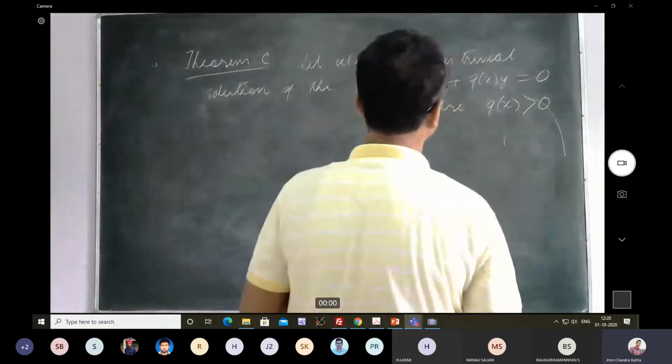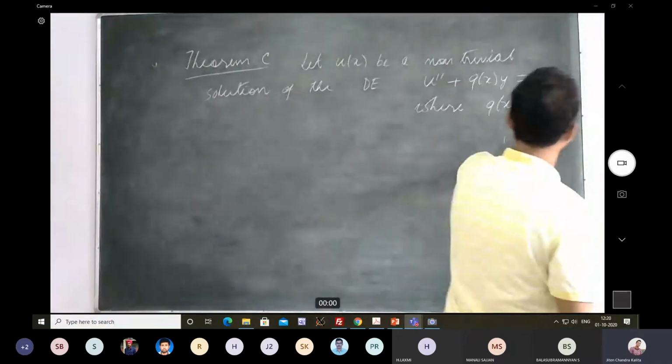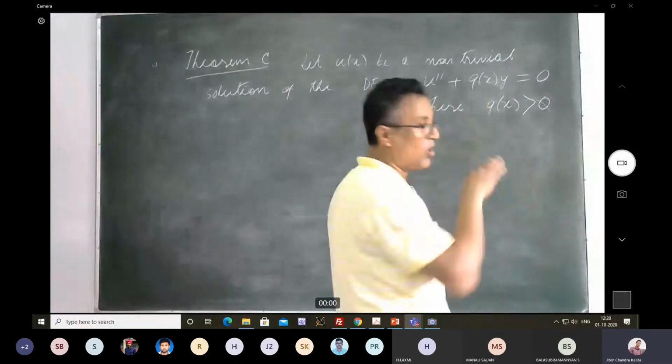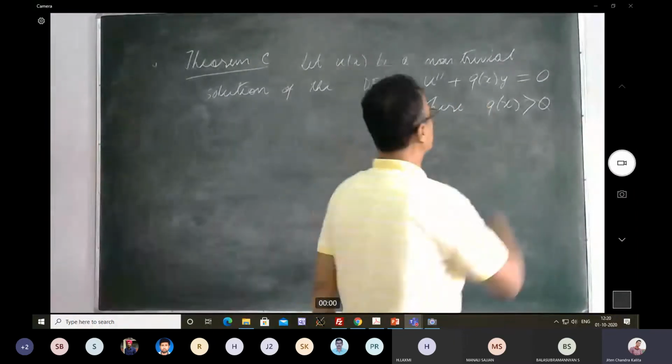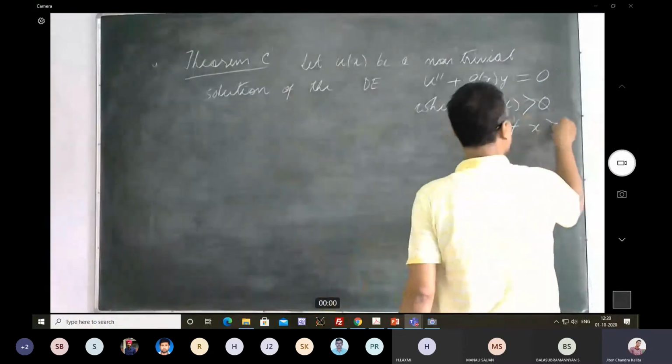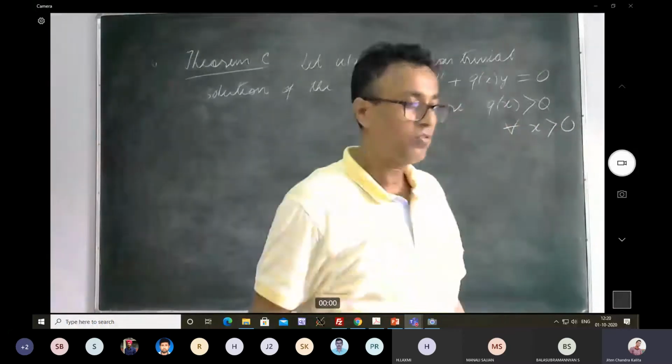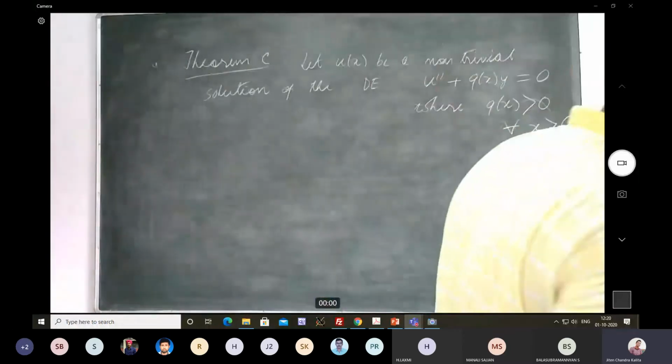Again, q(x) is strictly greater than 0; we are assuming that it is along the positive x-axis. So that means for all x greater than 0.